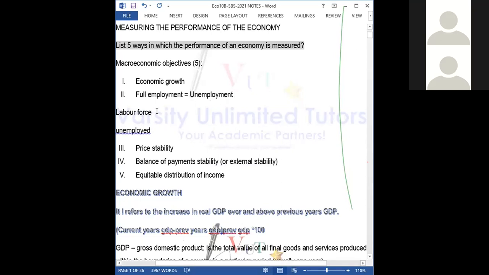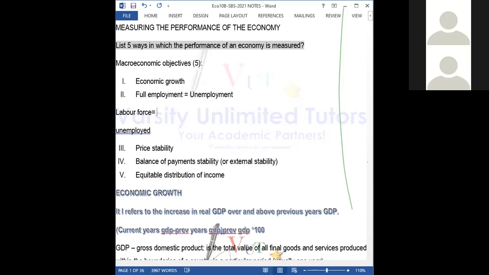In any economy, we have something that we refer to as the labor force. The labor force represents those that are of a working age, first of all, and who are actively seeking employment. So we're looking at the people that are employed and those that are actively seeking employment.